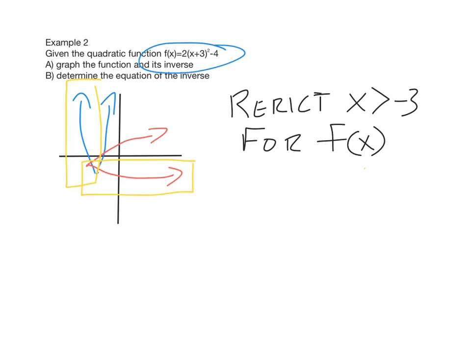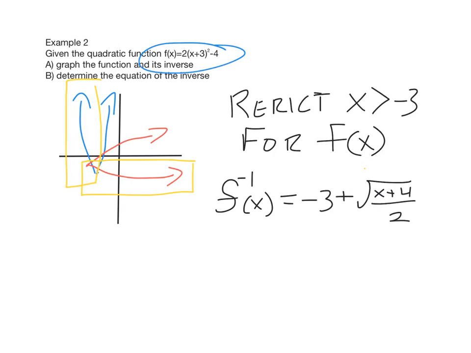And from there, we can say that the inverse of f(x) can be found from the equation of −3 plus the root of (x + 4) divided by 2. I'm not going to bother to simplify that to x over 2 plus 2. I think that leaving it as a fraction in this case is fine.